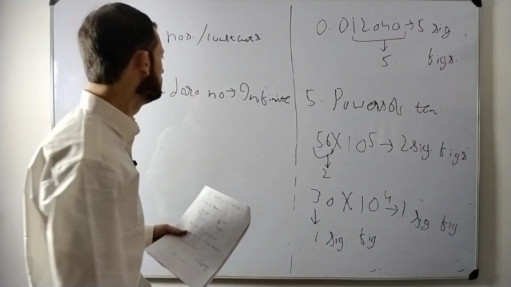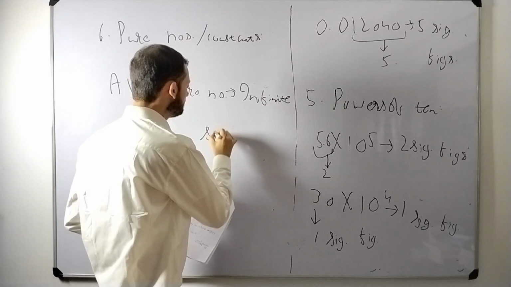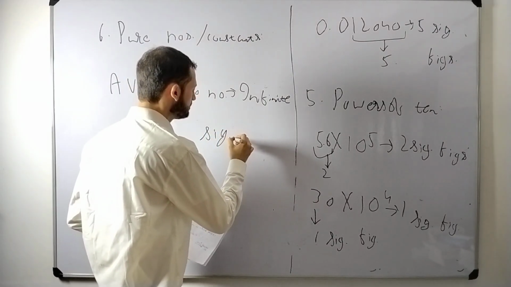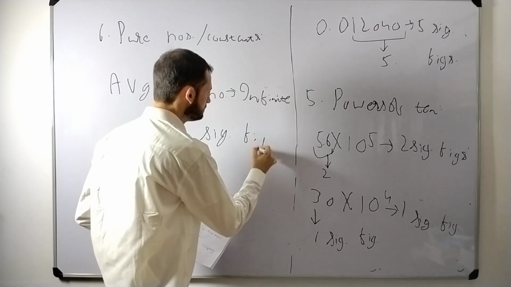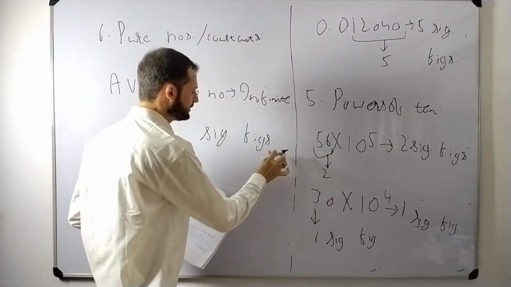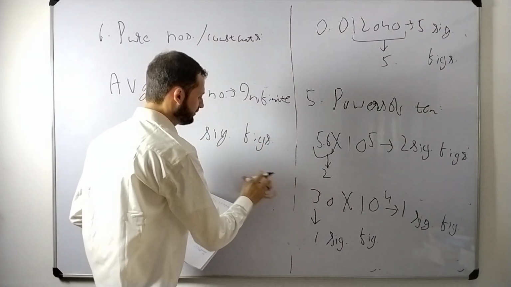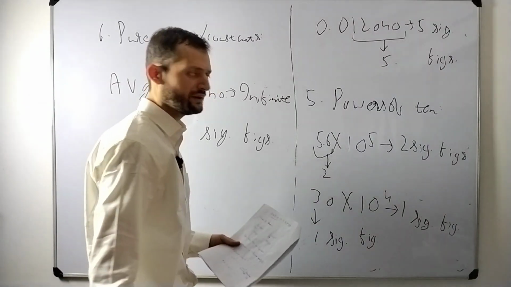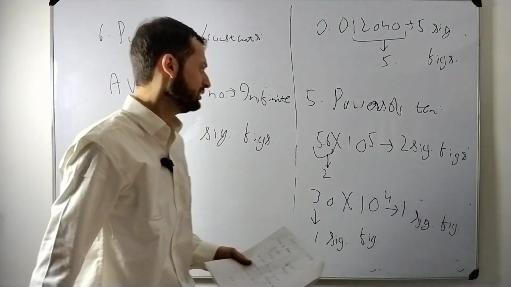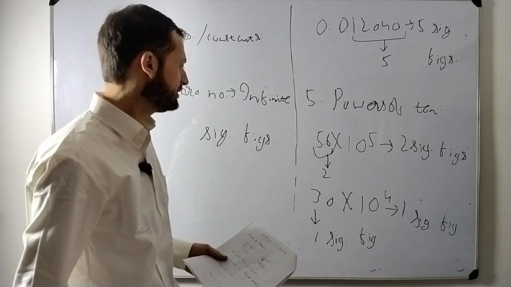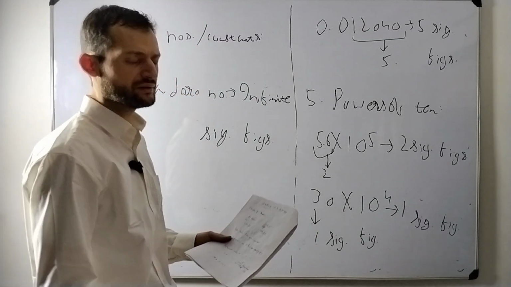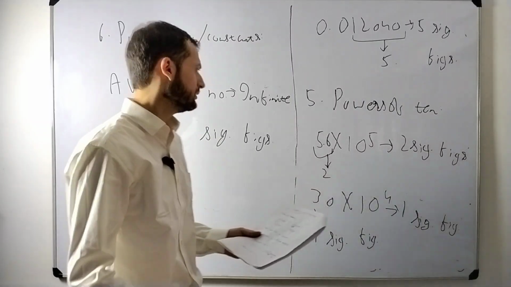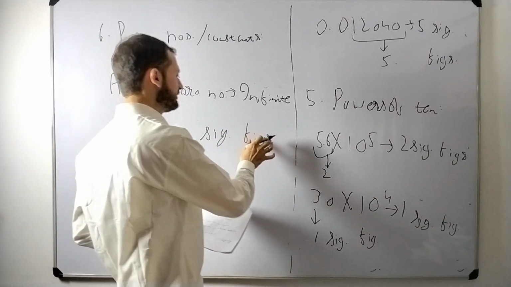How? The powers of 10 are also included in this. If you see a constant written anywhere after a number, all the digits it has become significant figures.